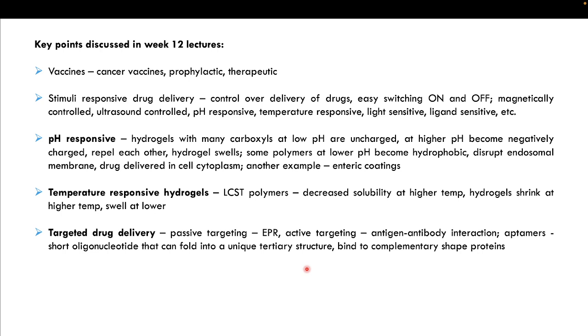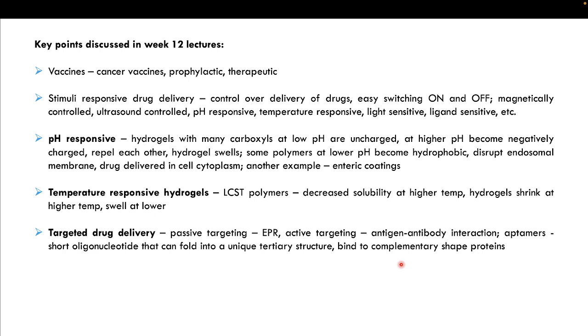Now, when you deliver these particles, the antibodies present on your drug delivery system are going to identify these proteins, and they will bind only to these proteins. They will not bind to any other protein that is present in the body, so they will not go anywhere else. They will be specifically targeting the cancer cells which have the protein to which your antibody is complementary in structure. So this is one example of targeted drug delivery.